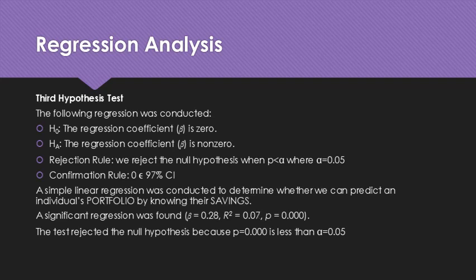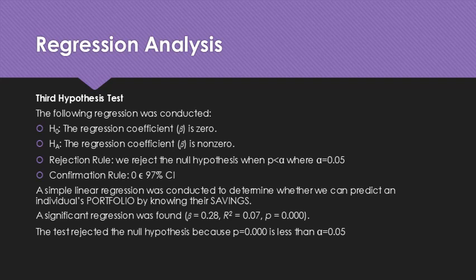Third hypothesis test. The following regression was conducted. Null hypothesis, the regression coefficient beta is 0. Alternative hypothesis, the regression coefficient is non-zero. A simple linear regression was conducted to determine whether we can predict an individual's portfolio by knowing their savings.